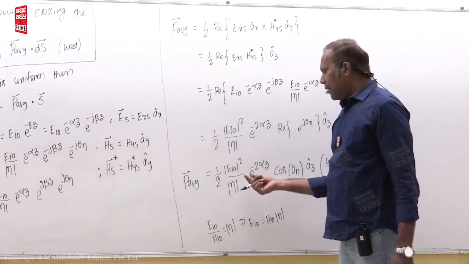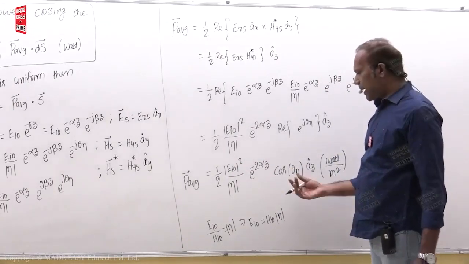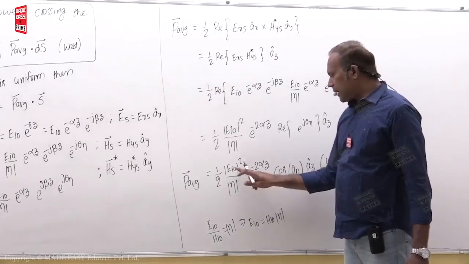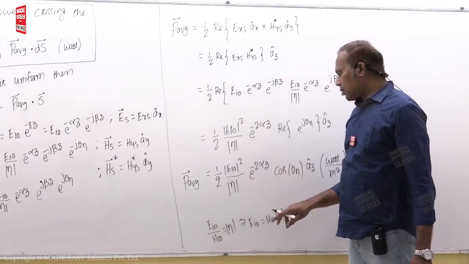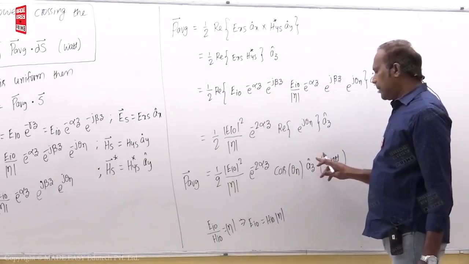So you get half H_i0 square mod eta. I am not writing that because you know this. So if you substitute this here, you get half into modulus of H_i0 square into mod eta, e^(-2 alpha z) cos theta_eta a_z.